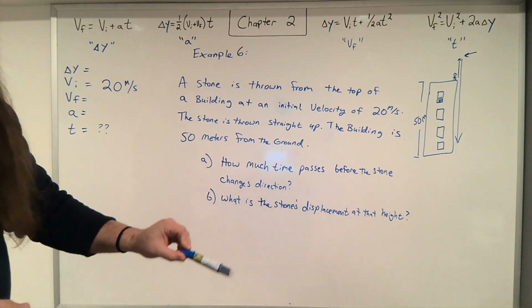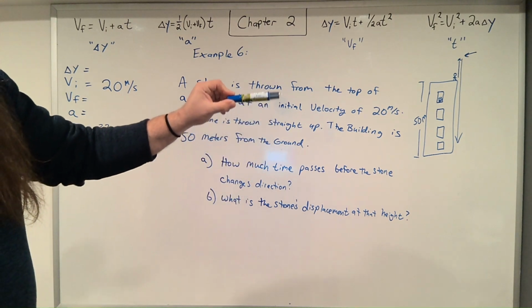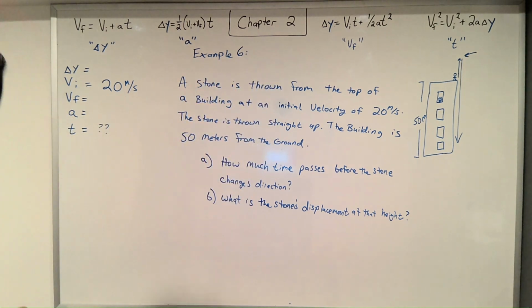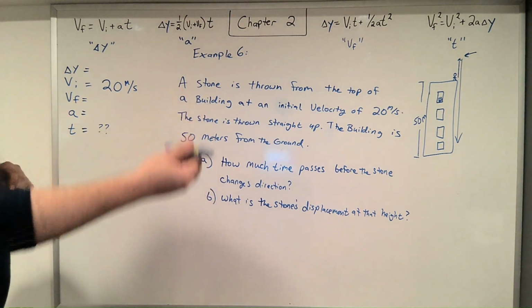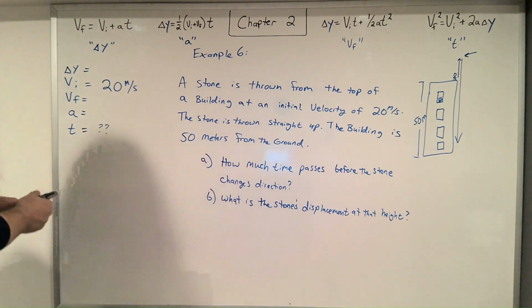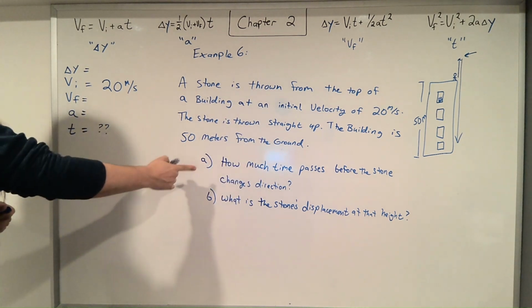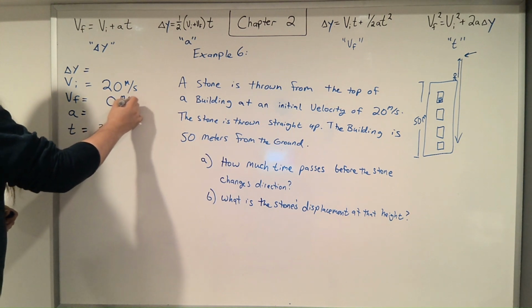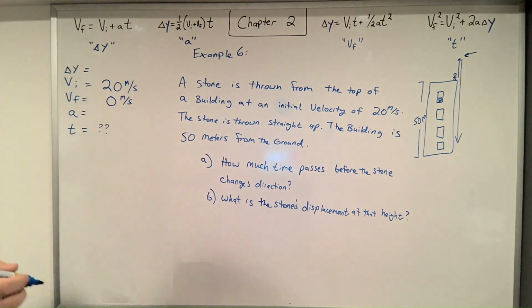If this is the positive direction, it stops and starts to travel down in a negative direction. So there has to be a point when it changes direction that it momentarily stops and then goes the other way, which means at that instant the velocity is zero. It's starting off at 20 meters per second, and when it changes direction, it goes to 0 meters per second.